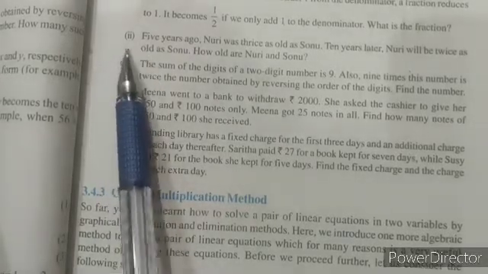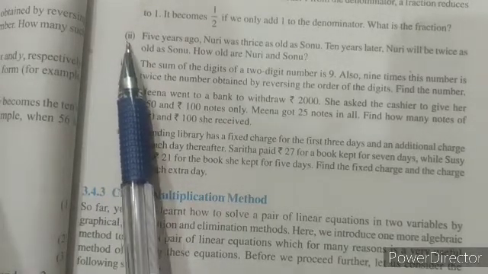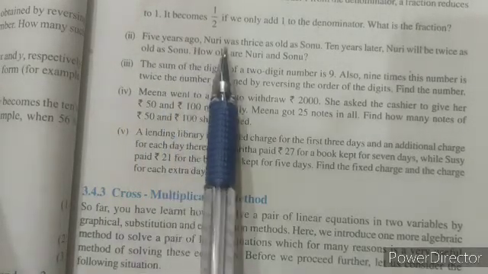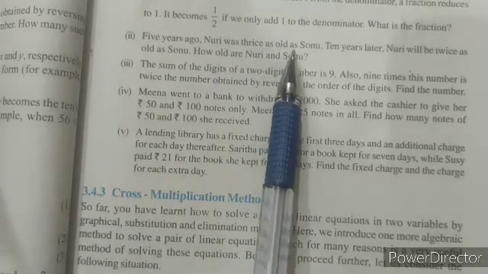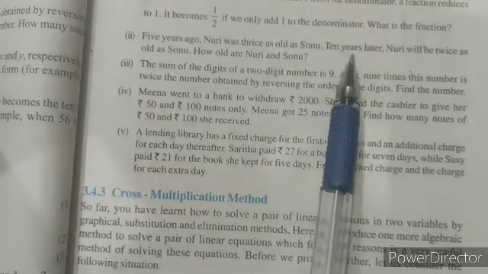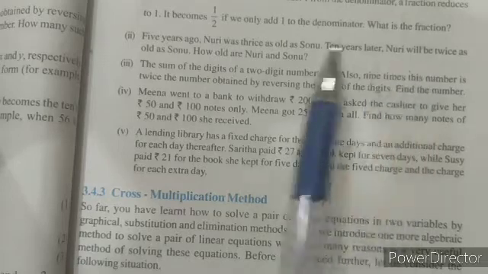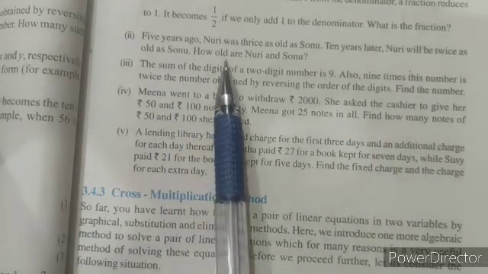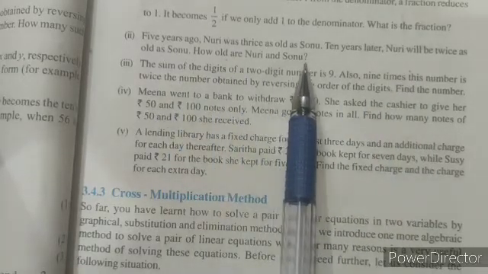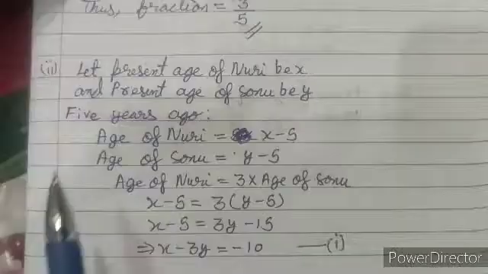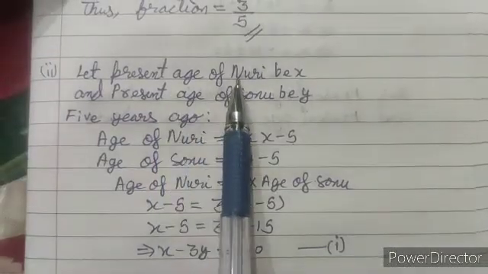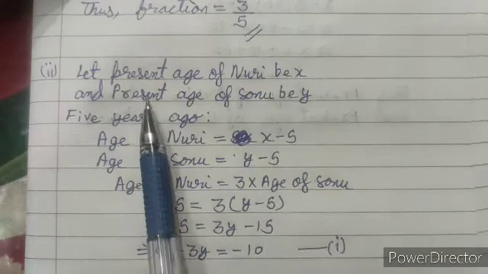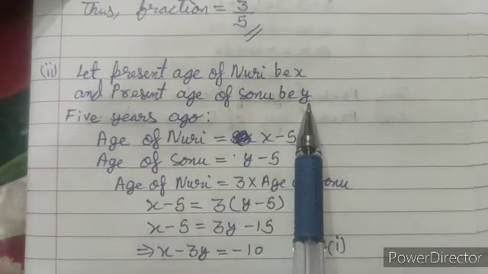Now in the second part of question number 2: 5 years ago Noori was thrice as old as Sonu. 10 years later, Noori will be twice as old as Sonu. How old are Noori and Sonu? We will take the present age of Noori as x and the present age of Sonu as y.